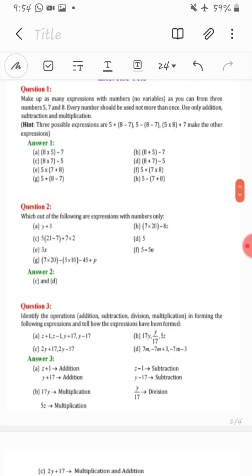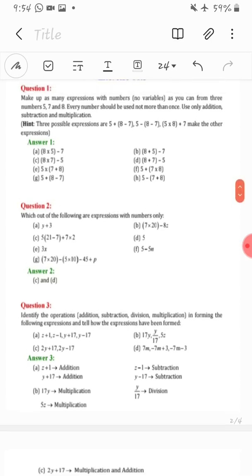So a, many expressions are there: z plus 1, z minus 1, y plus 17, y minus 17. For z plus 1, the plus sign is in between, that means the addition operation is used here. Then z minus 1, subtraction; y plus 17, addition; y minus 17, subtraction. Let's proceed to 3b. There is 17y.